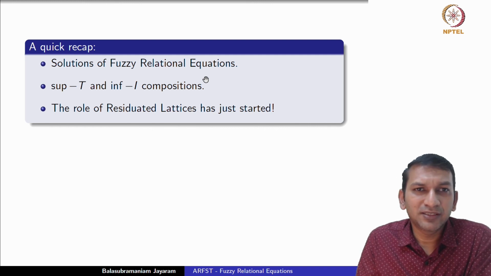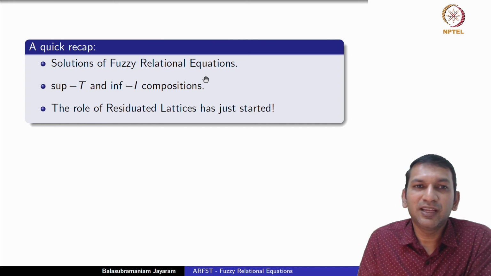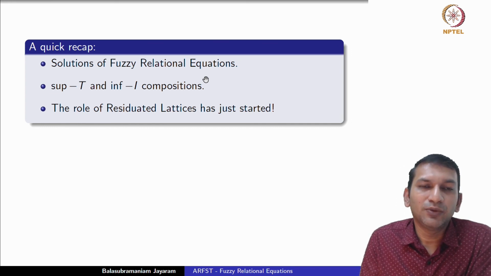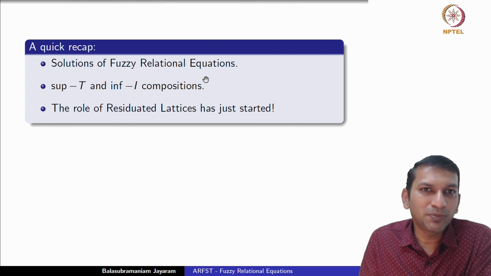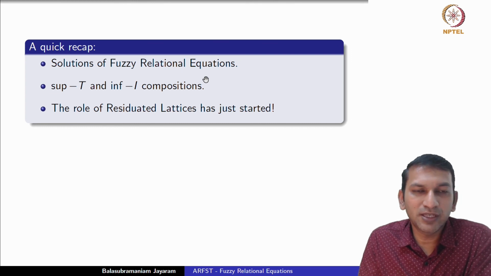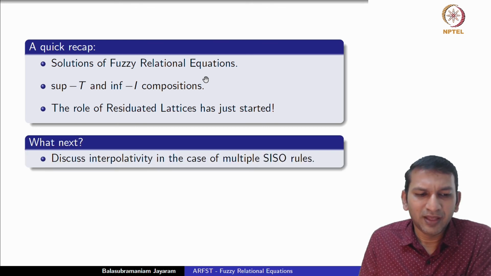At the beginning we asked, is the role of residuated lattices over? We have seen that in fact residuated lattices, with the rich properties and structure that they possess, are able to supply us with all the properties that we require to prove some key results.